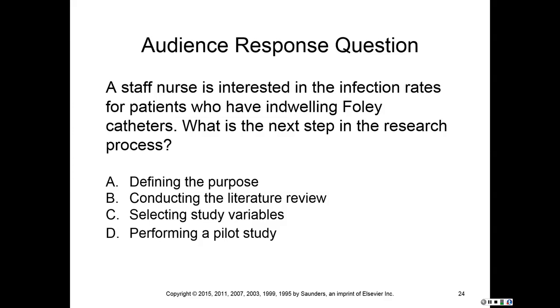A staff nurse is interested in the infection rates for patients who have an indwelling Foley catheter. What is the next step in the research process? Define the purpose, conduct a literature review, selecting study variables, performing a pilot study. I think this is too easy for you. I think that you would probably have already picked B, literature review, and that is the correct answer.